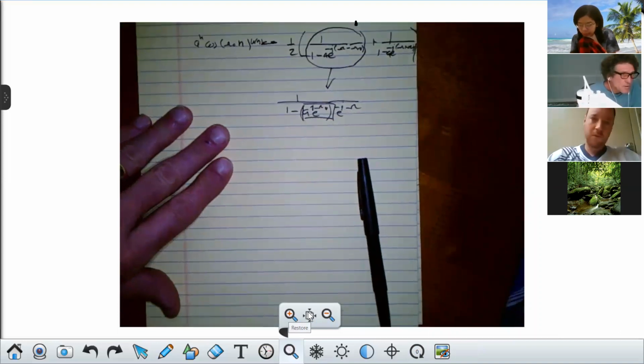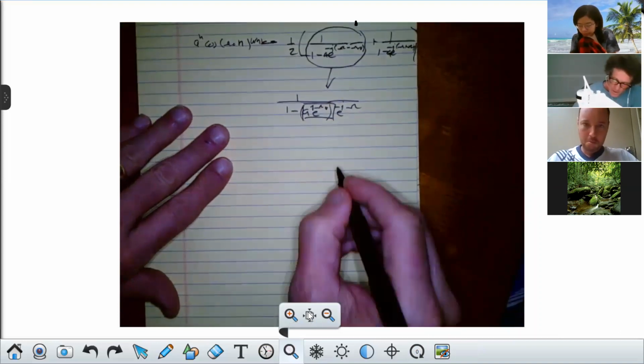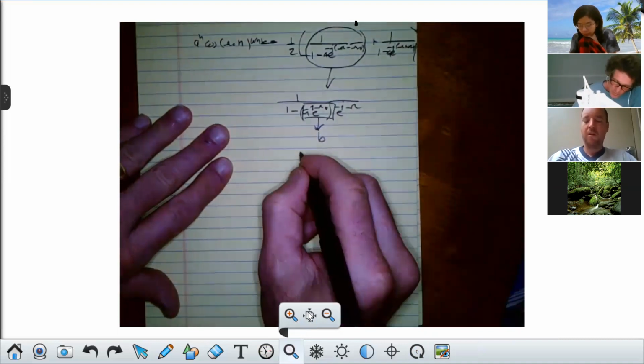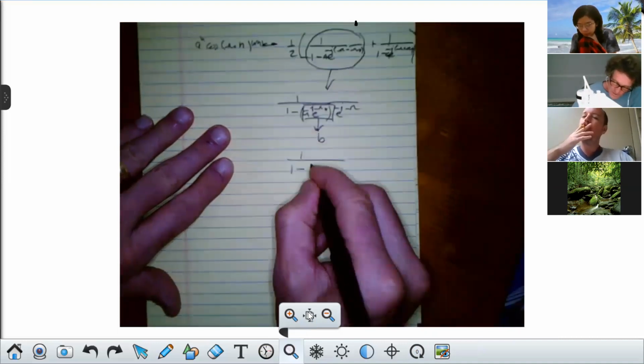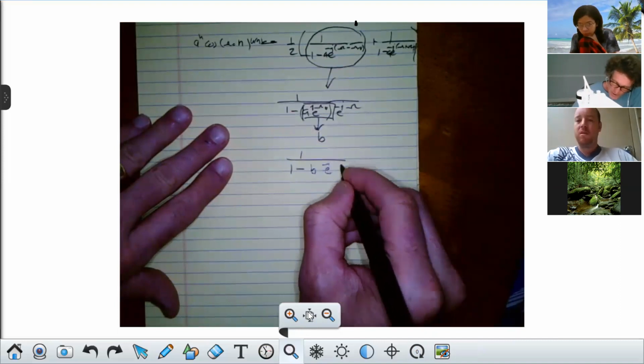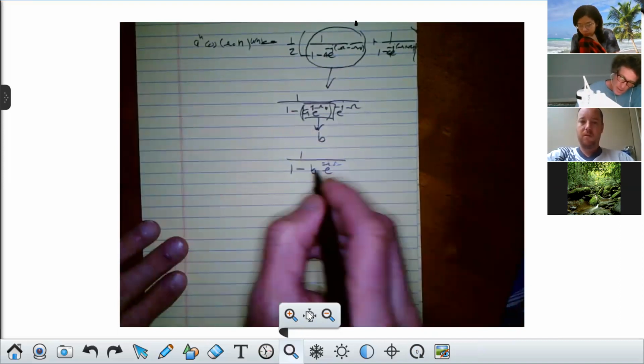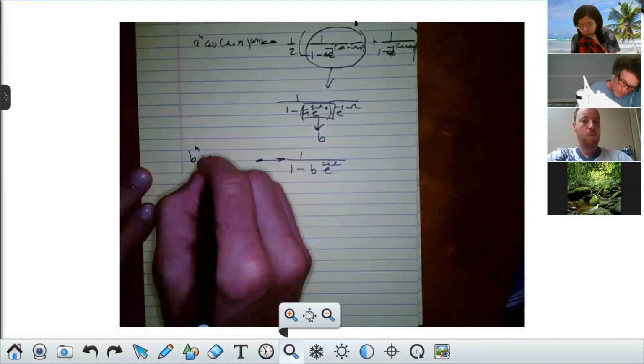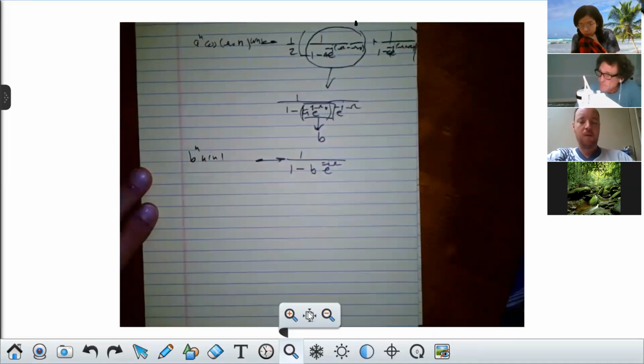You can see that, right? That's like a constant. I'll just call that b. So I know that 1 over 1 minus b e to the minus j omega is really just going to be b to the n u of n, correct? Right. Okay.